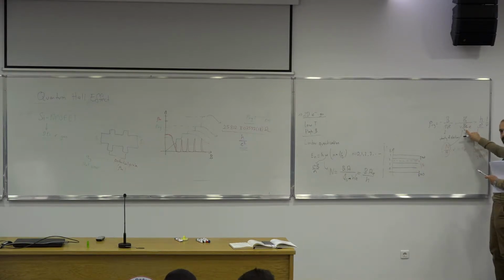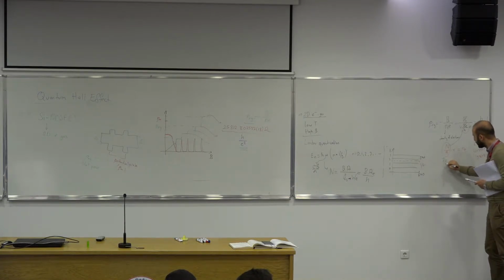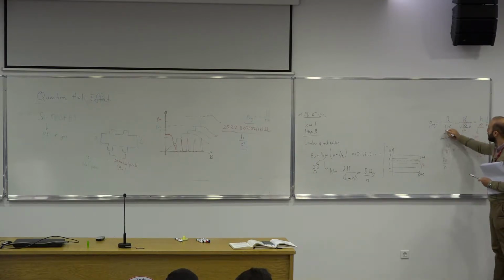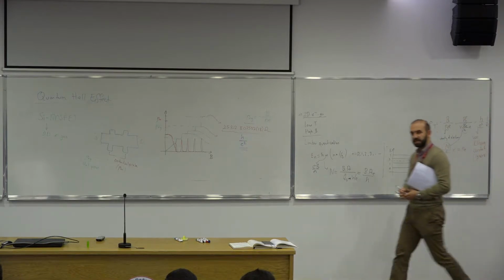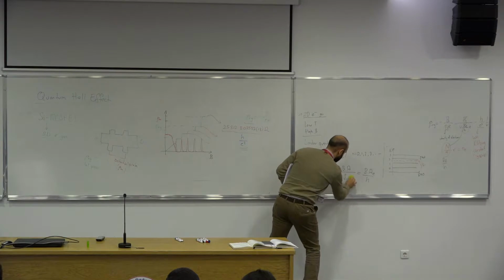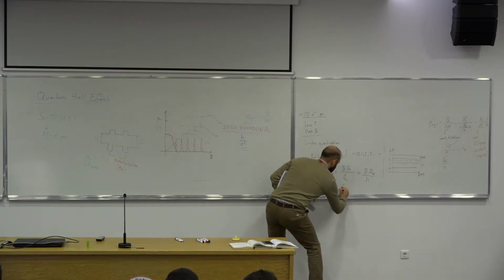Right? So I just plug in Be, so this is Be over h times nu. I plug in this expression here, which gives me that result. No, this flux quantum is h over e. This is the flux quantum. So let me write it in a more explicit way.